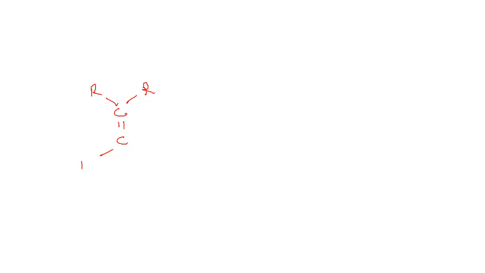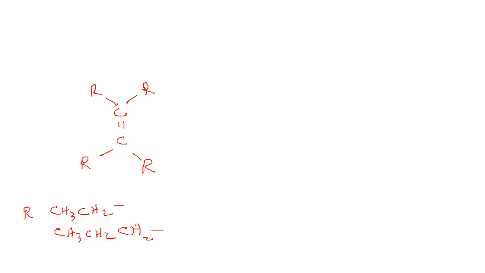These are alkyl groups, or they can be aromatic groups as well, but R generally stands for something like, instead of writing out an ethyl group or a propyl group, I can just write R.